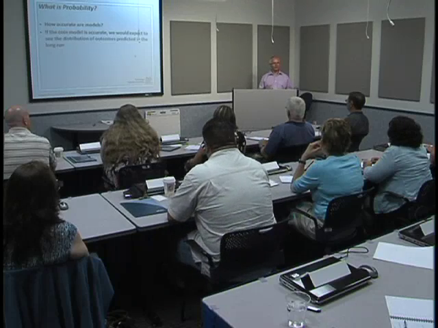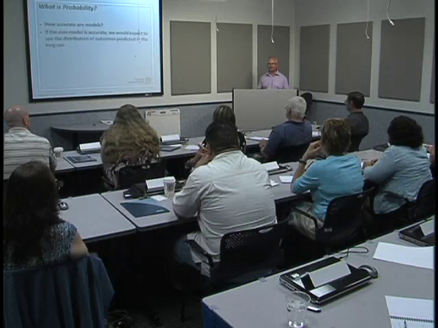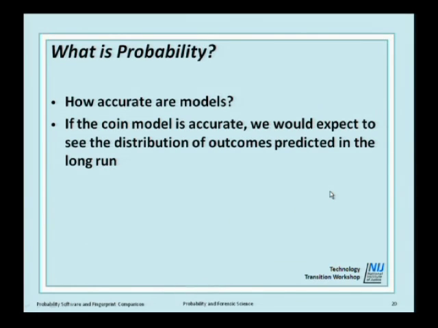If I ask you to toss it 10 times, what's the likelihood that each of you are going to get 5 heads and 5 tails? Would you expect that to happen? No, because the model says this is going to happen, but the bit that we didn't put there was the long run. The point about models is that you only expect to see an answer which is close to the result in the long run.